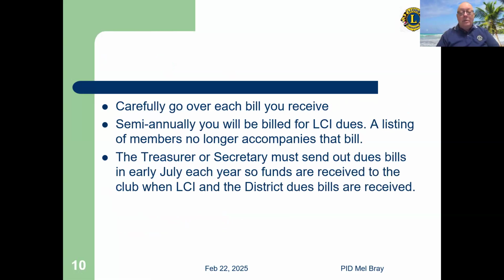Okay, so when your invoices show up on your statement, you want to make sure that you check them. The invoice is going to show you each of your members. It's going to show you their ID number with LCI. And it's also going to tell you their status, whether they're life members or family members or head of household, those kind of things, so you know what payments are being charged to them.